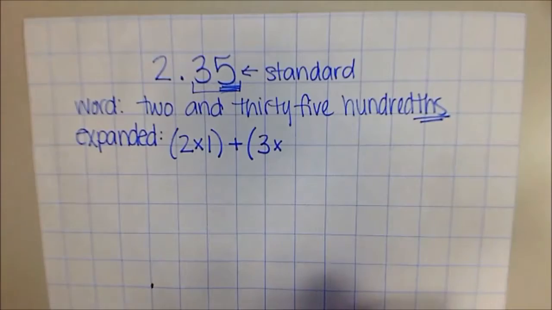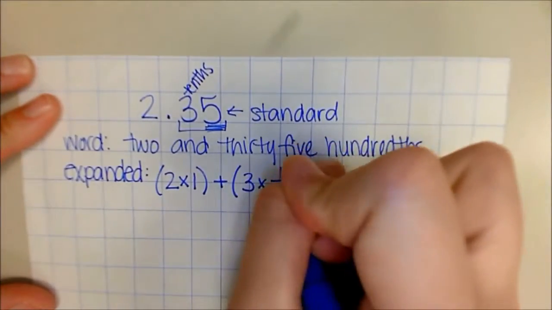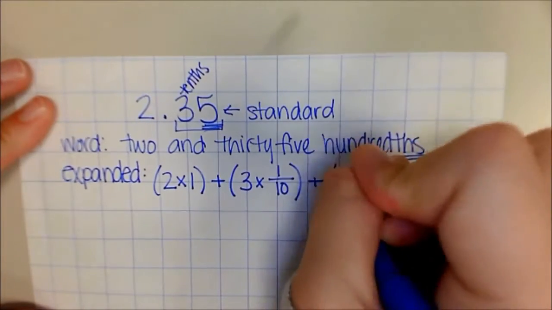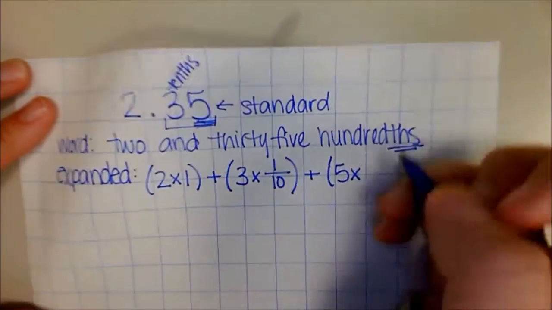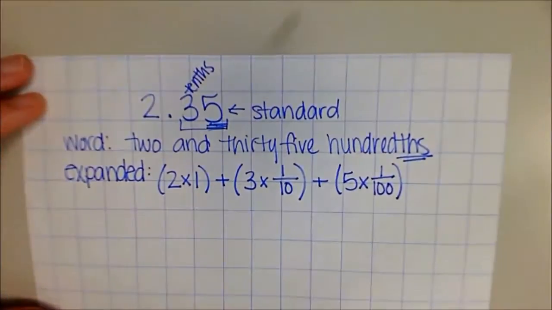I'm saying in my head, what place value is this 3 in? The 3 is located in the 10ths place value, so in decimal world, we write it as 1 over 10. And now I'm moving to the 5. 5 times, what place value is this 5 in? It's in hundredths, so we put it over 1 over 100.